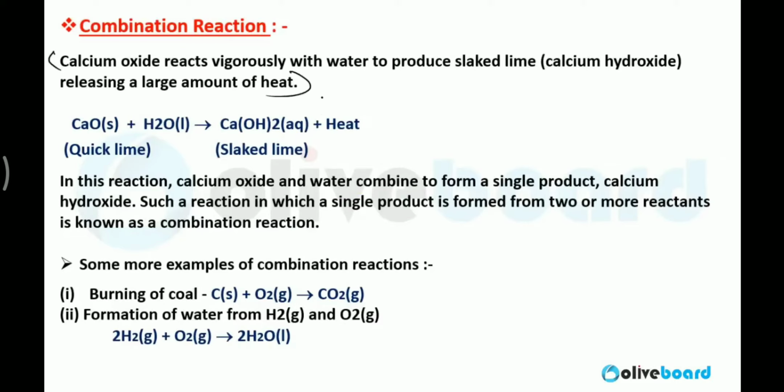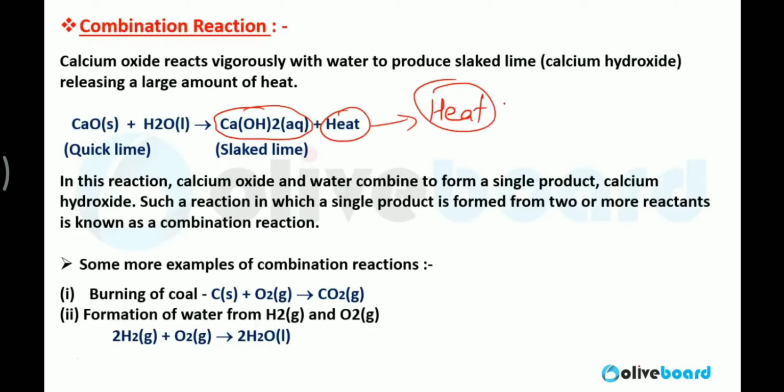The line written here says that calcium oxide reacts vigorously with water to produce slaked lime, calcium hydroxide, releasing a large amount of heat. So your single or combined product is calcium hydroxide, slaked lime, and a large amount of heat is released.